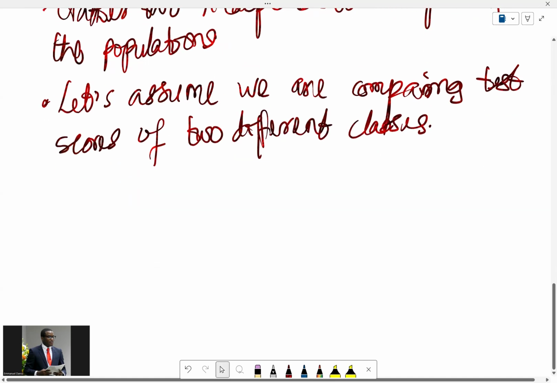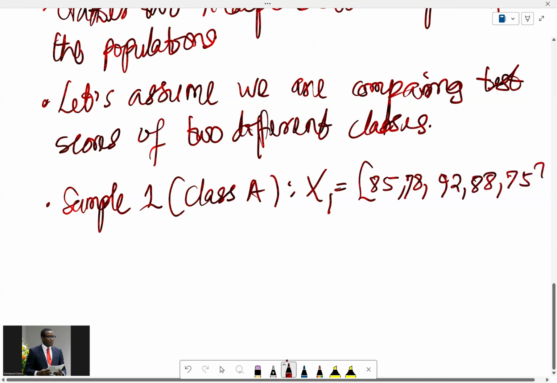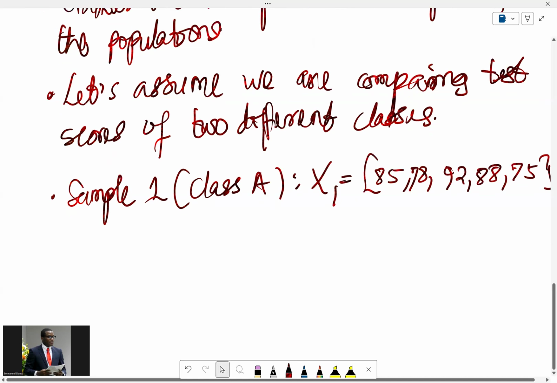So there we can have sample one. We collect sample one, that is maybe from class A, their test scores. For sample one, we have X1, which is 85, 78, 92, 88, and 75. That's test scores from 5 students from class A.